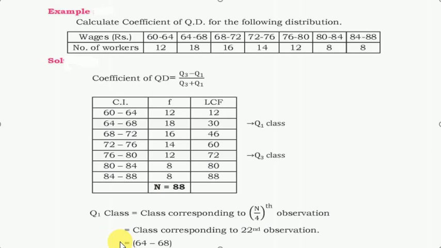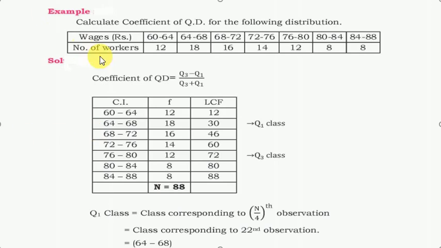Symbolically, as we saw in the previous video, the semi-interquartile range equals (Q3 minus Q1) divided by 2. We also learned the merits and demerits of the quartile deviation, and discussed solving problems of the interquartile range for individual and discrete series.